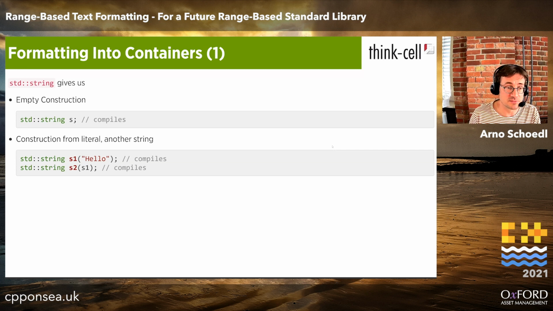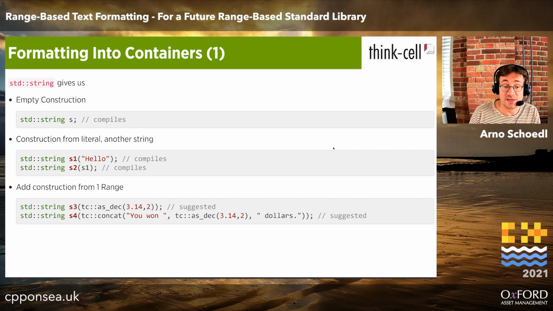So if you just default construct a string, it's empty. There is also construction from literals, which are semantically strings, or from another basic string type. Now, it would be very nice if we could also construct the string from a range of characters.